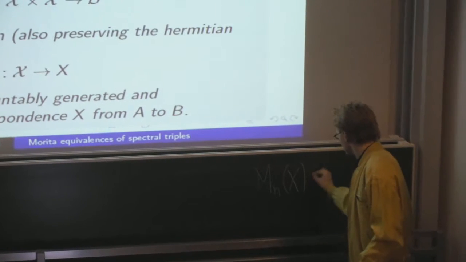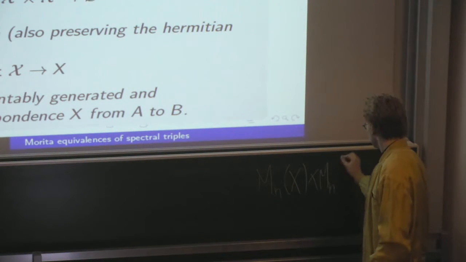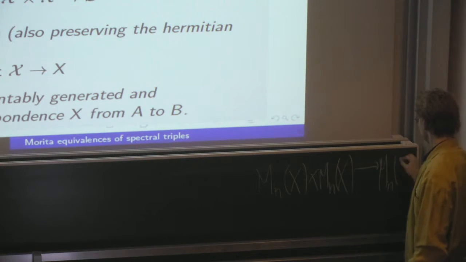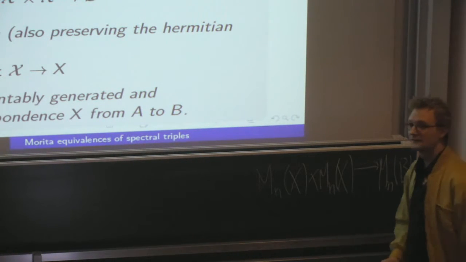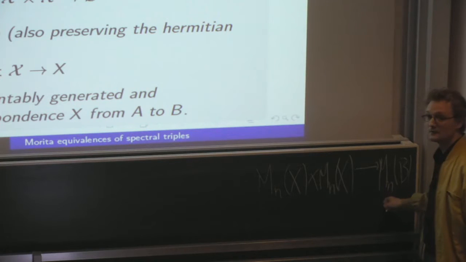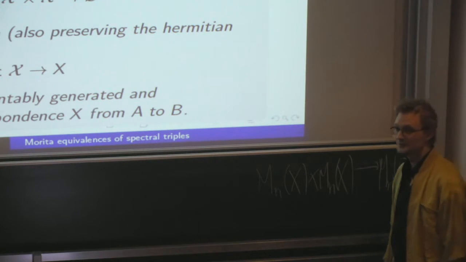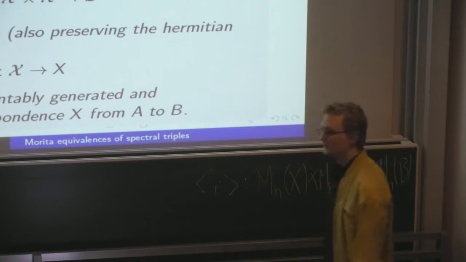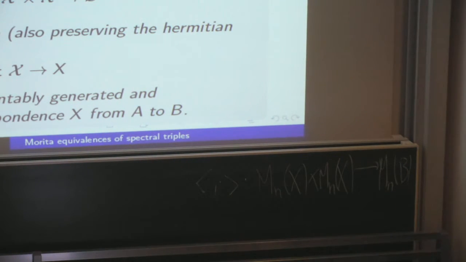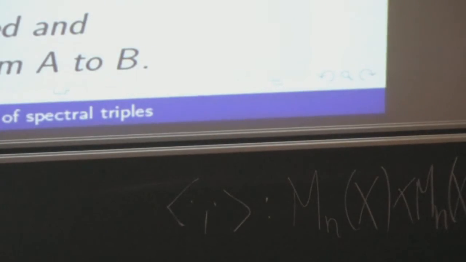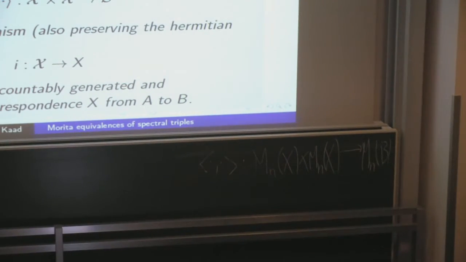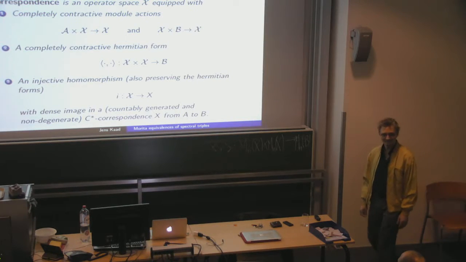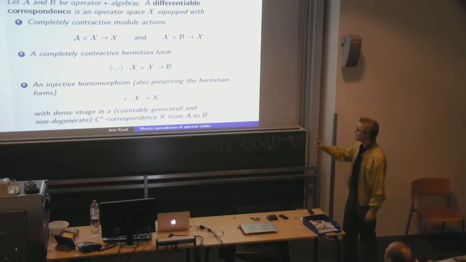Mn of X. Again, when X is a C-star module, there's an inner product with values in n by n matrices over B. And this you use to define the norm, just in the usual way. But that's not part of the definition here, that it defines the norm.